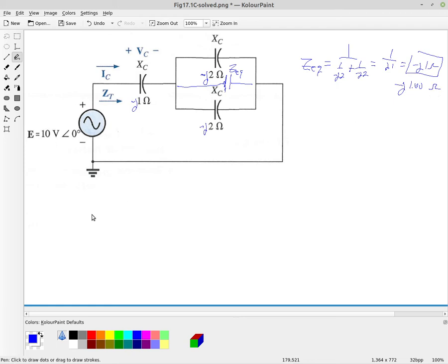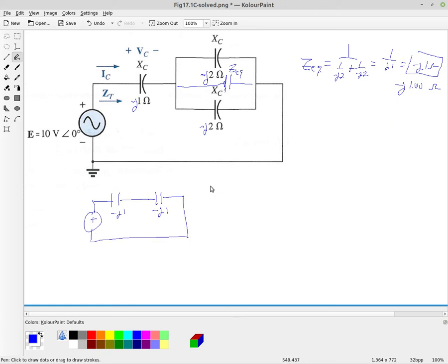So that gives us this equivalent circuit like we had here before. So we still had the first capacitor. Oops, I'm so used to drawing resistors. Okay, so we have our first capacitor minus J1, and then we have this equivalent one minus J1.